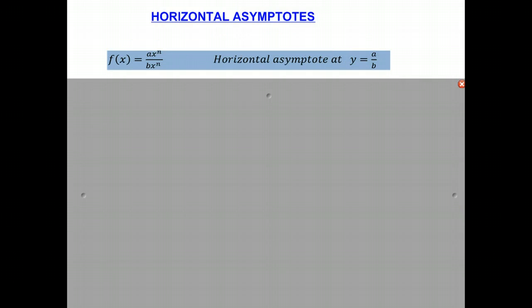Now you might ask the question, what happens when the degrees are the same? Well, it turns out if the degree of the numerator is equal to the degree of the denominator, then there'll be a horizontal asymptote at y equals a over b.